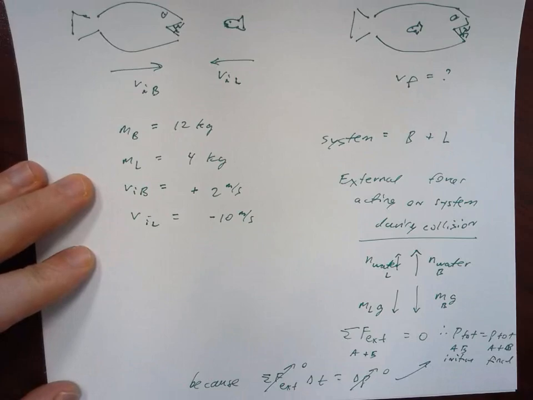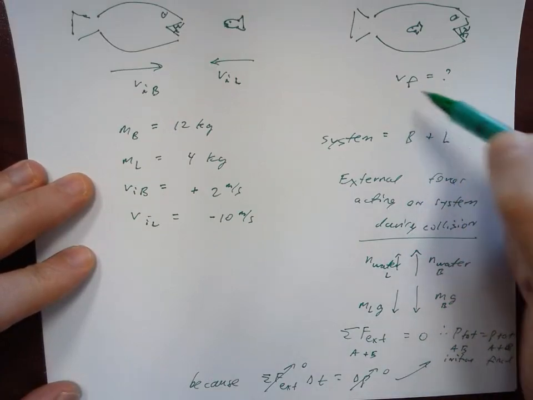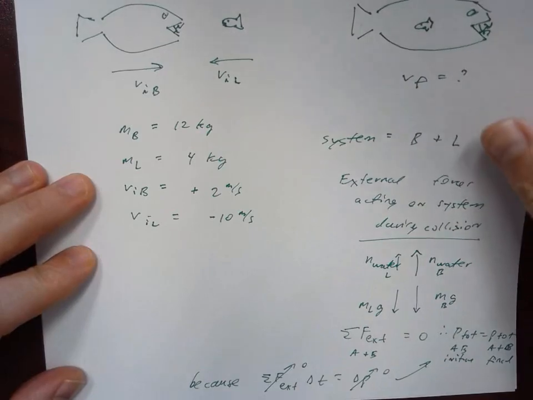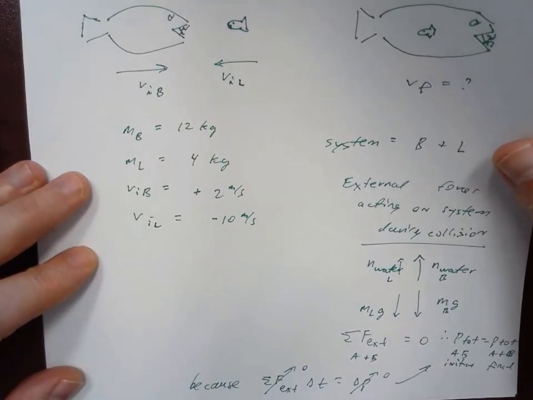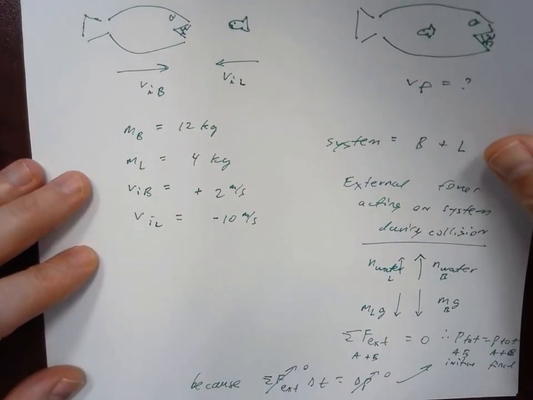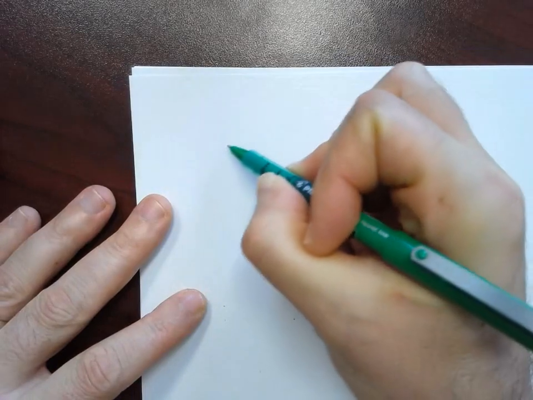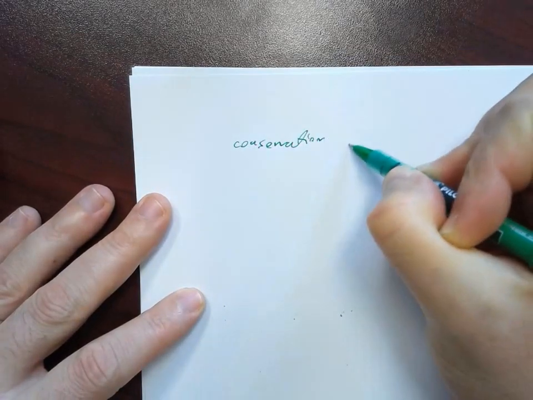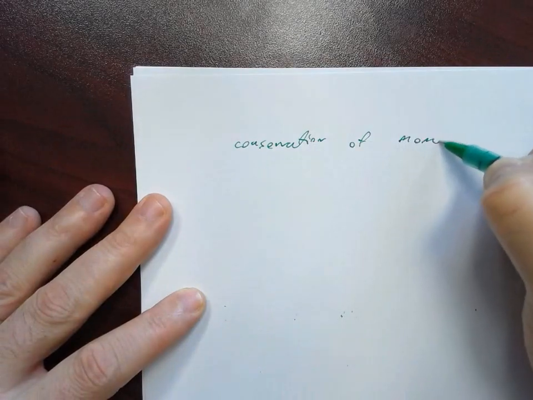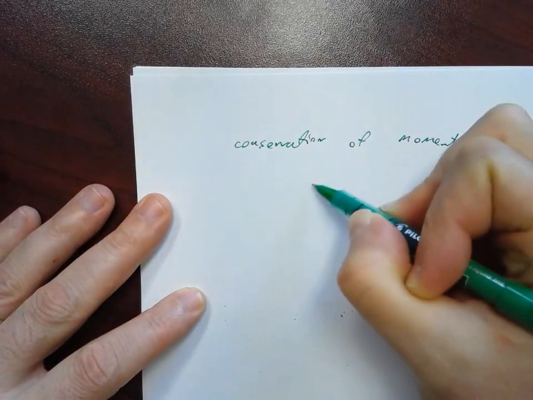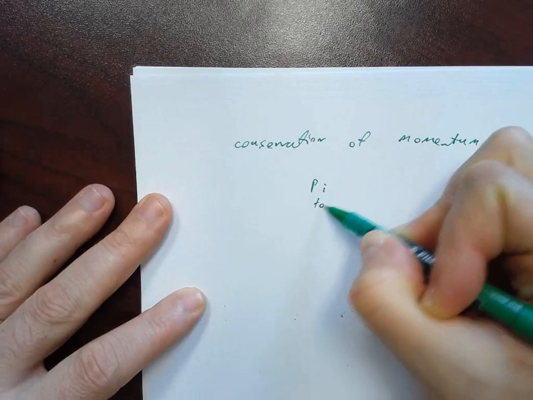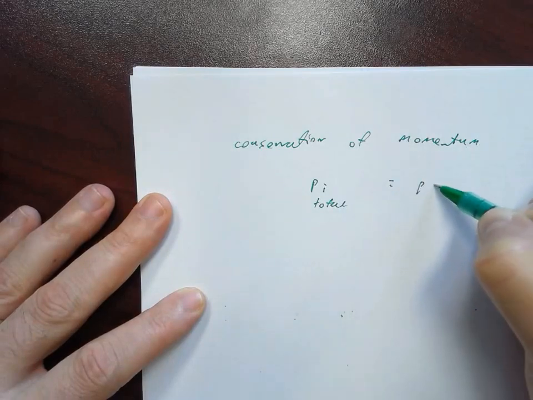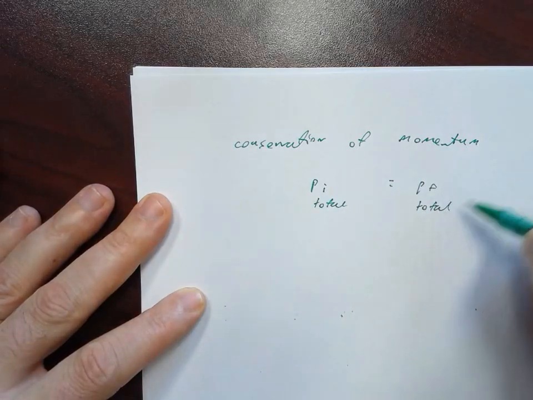Now, the goal is to find the final velocity of the system, so we're going to write our conservation of momentum equation to solve for that. The easiest way is to say momentum initial total equals momentum final total.